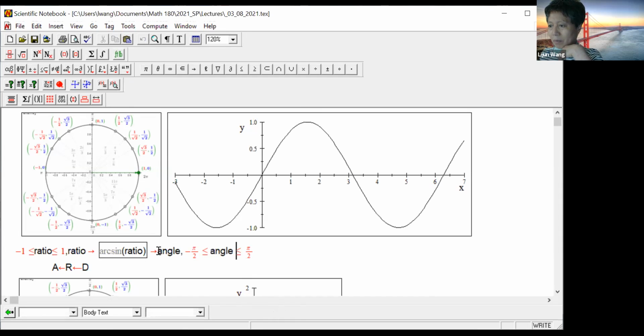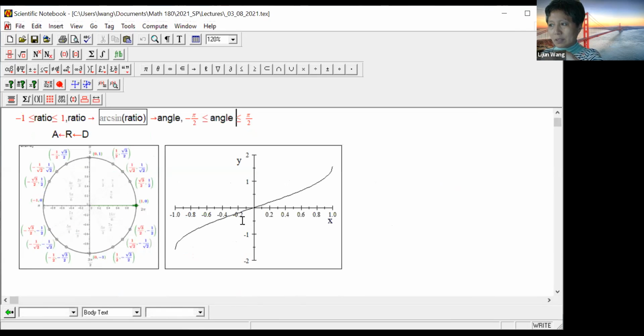But anyway, so that's the arc sine. So D-R-A, from D to R to A. From the arc sine curve, if you give me an arbitrary point, what does this point tell you?